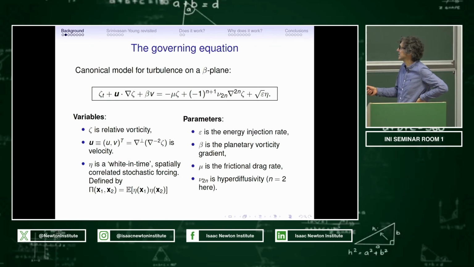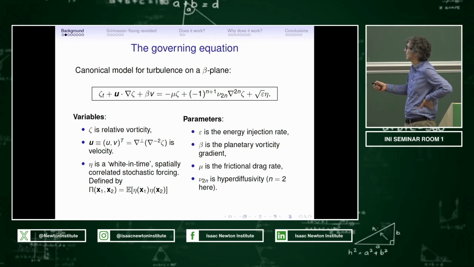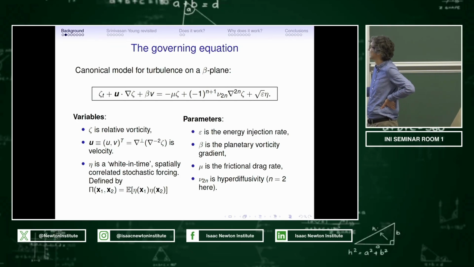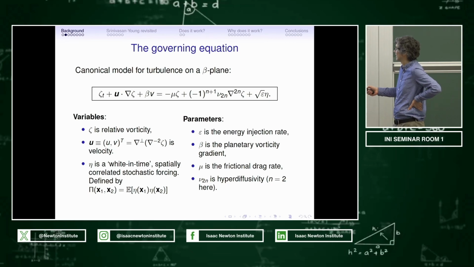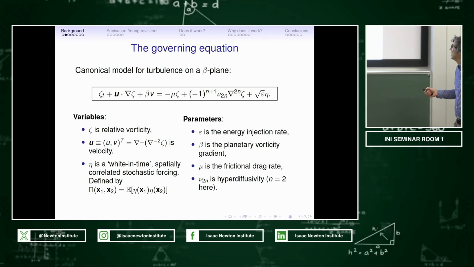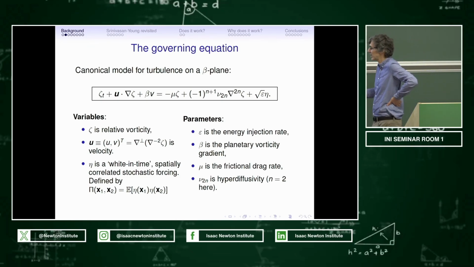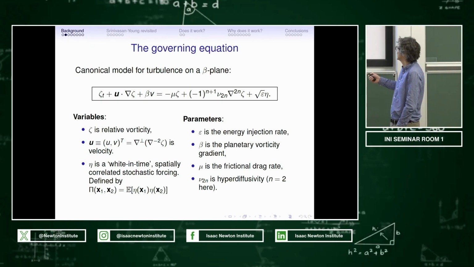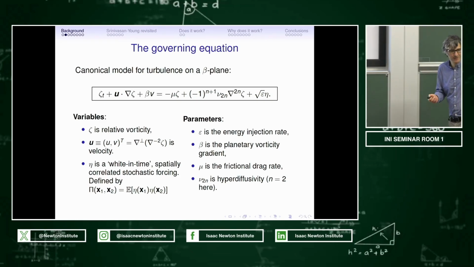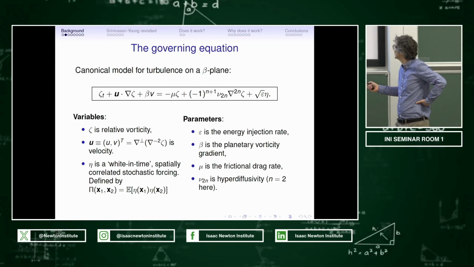So what's in this equation? Well, it's an advection equation for a quantity called the absolute vorticity, where zeta is the relative vorticity, which is just the Laplacian of the stream function in this problem. The absolute vorticity, which is conserved, is just zeta plus beta y. So beta y is the planetary vorticity gradient, which represents the fact that the rotation rate on a planet varies with latitude.